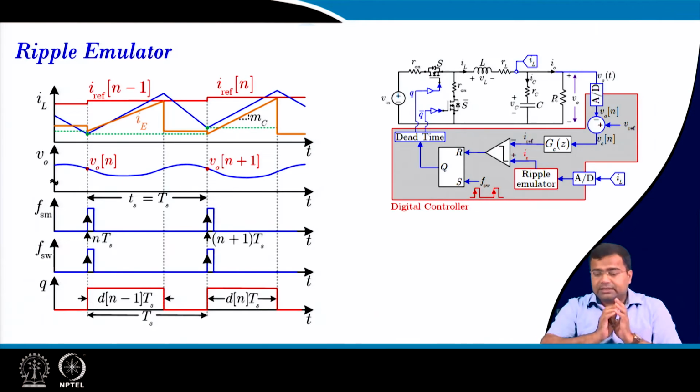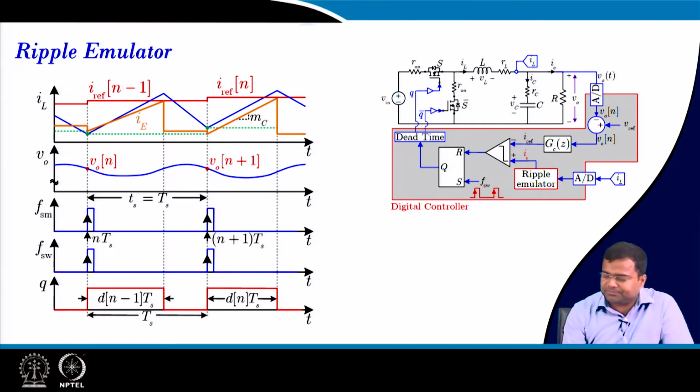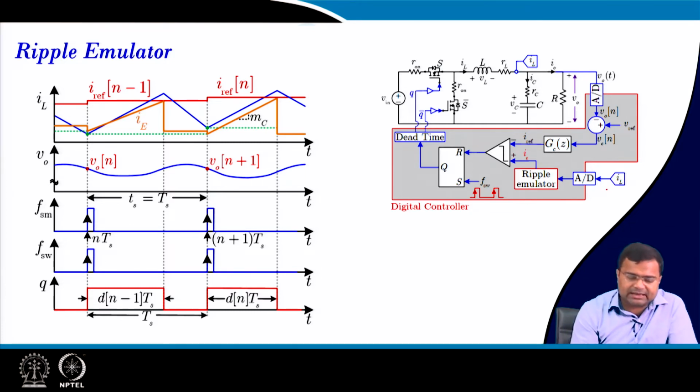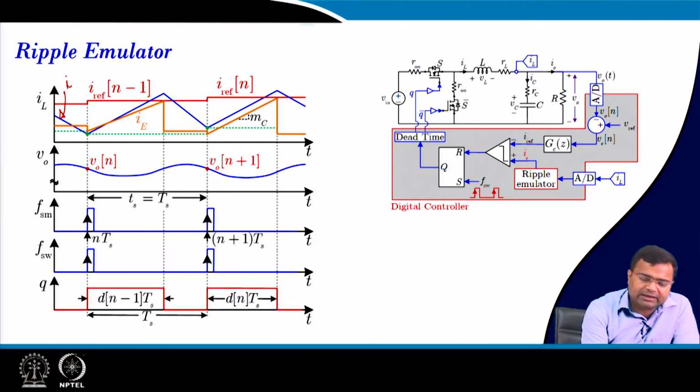Next, this part is very important, because here we are not using an analog current loop, we are using an emulated current. Let us first start with the basic concept. If you sample the inductor current, let us say the blue one is the actual inductor current.